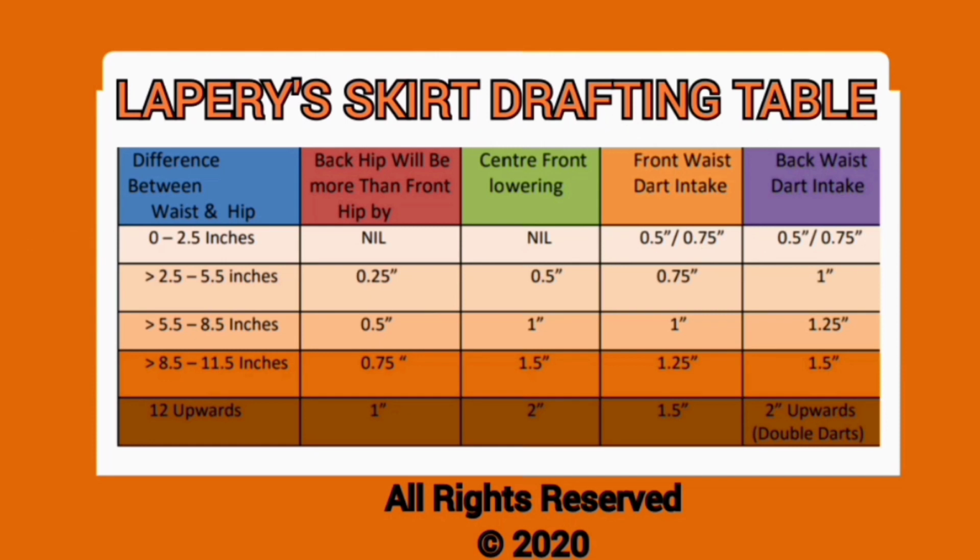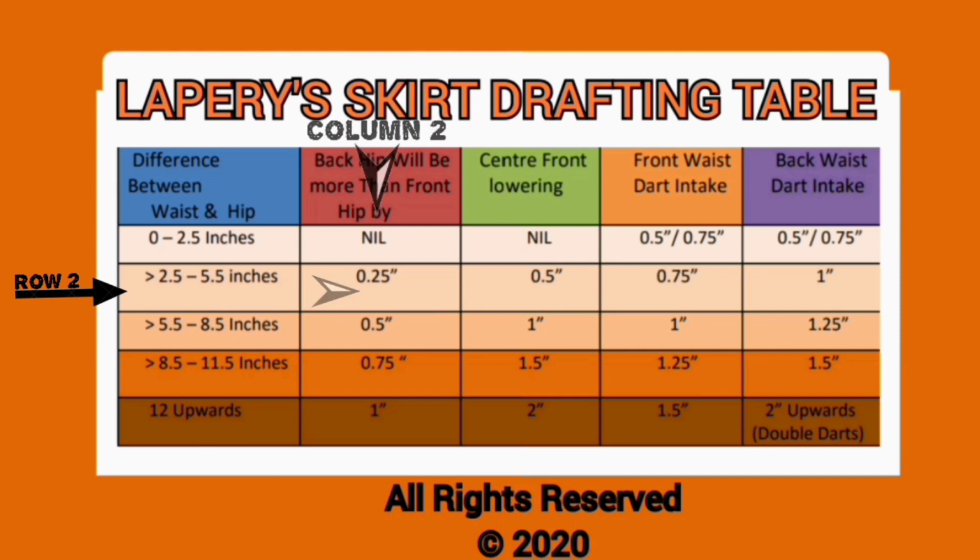So moving on, in the second row, we have greater than 2.5 to 5.5 of an inch. So we are working with a waist and hip difference that is greater than 2.5, let's say 3 inches, 4 inches, 5. If it falls in this row, you are going to make use of all of the information in this line, such that when you are drafting your skirt pattern, the back hip, moving to the second column, will be more than the front hip by 0.25, which is 1/4 of an inch.